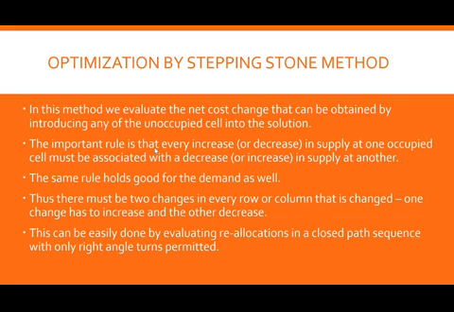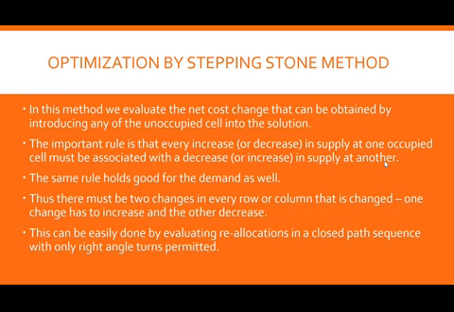The important rule is that every increase or a decrease in supply at one occupied cell must always be associated with a decrease or increase in supply at another. When you increase, in the other place it has to decrease. If you are decreasing in the first case, it should increase in the second place, right?